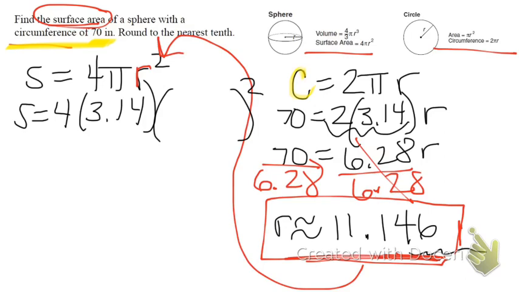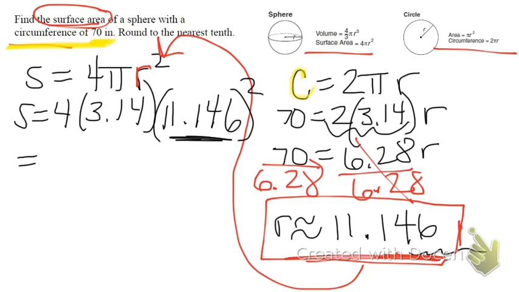And again, even though I'm writing 11.146, what I'm actually going to use is the number that's in my calculator. So now I can plug all of that into my calculator, 11.146, but use the big number that's in your calculator. Leave that number there with all those ugly numbers. Square it. Then multiply by 4 and multiply by 3.14.